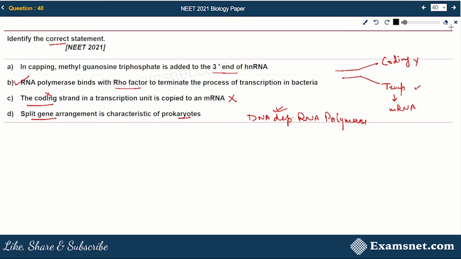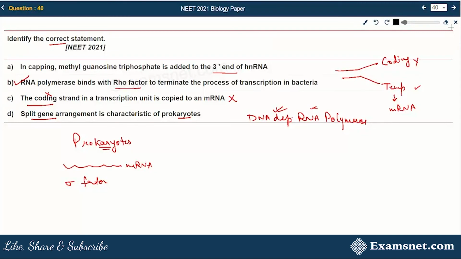Now, the process in case of prokaryotes and eukaryotes is different. In case of prokaryotes or bacteria, the process is relatively simpler. There is only a single RNA polymerase that performs the process of transcription. So, to initiate the transcription, the RNA polymerase enzyme binds to a factor known as sigma factor.